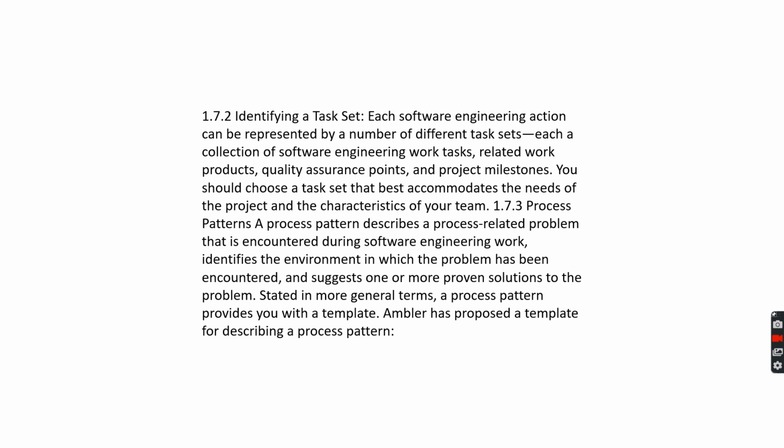You should choose a task set that best accommodates the needs of the project and the characteristics of your team. So basically this point tells you to set the task set so that every team member performs their best on the project and completes the tasks perfectly.